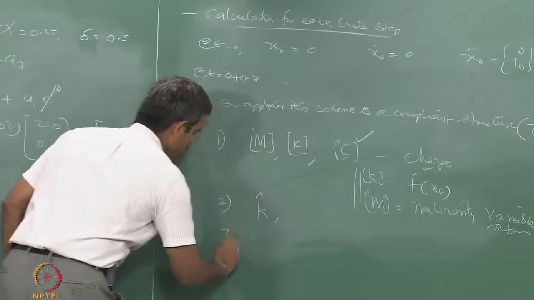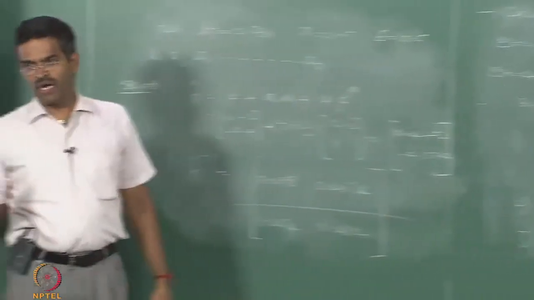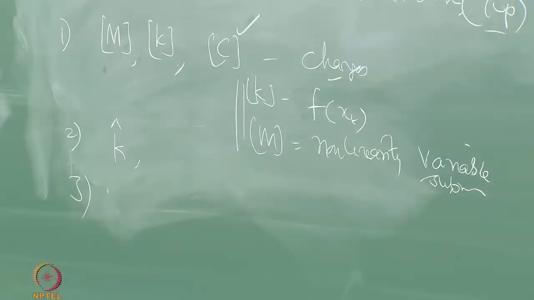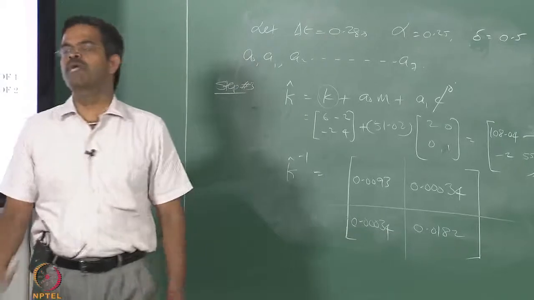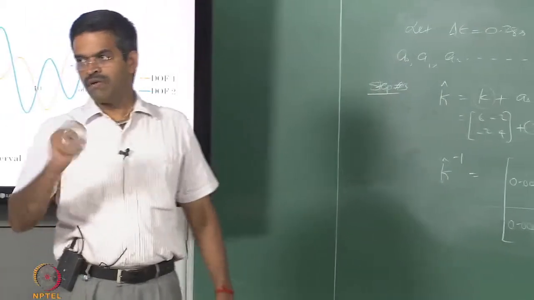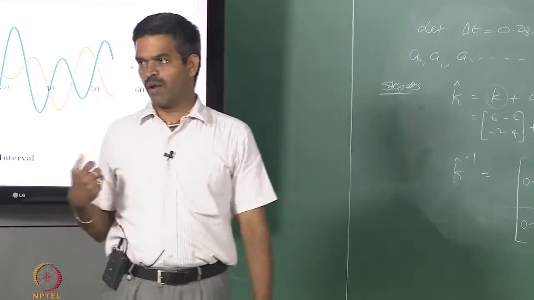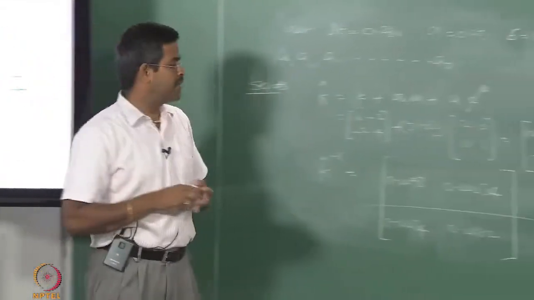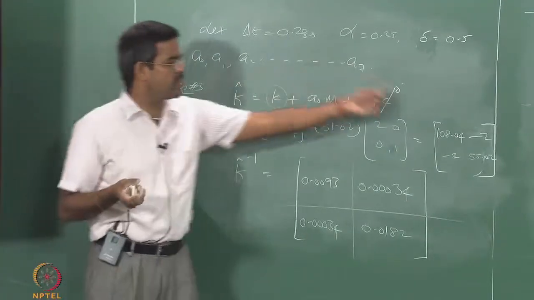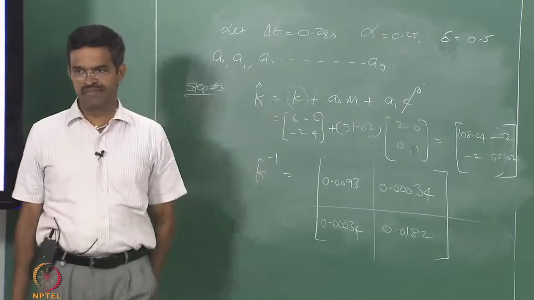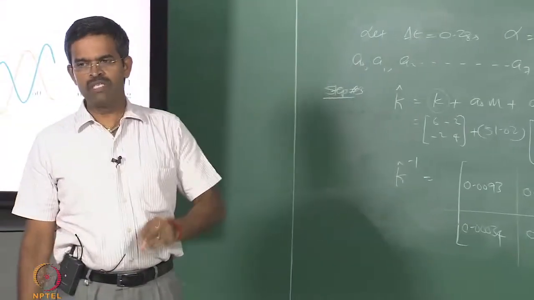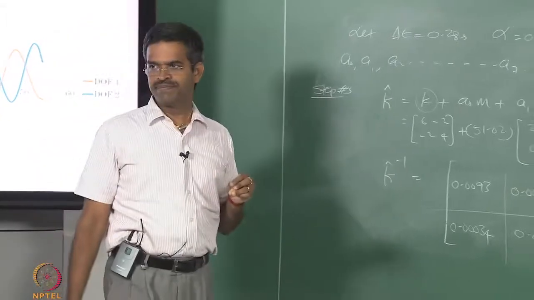Now a more serious issue is this: by any chance if your integration scheme is not proper in your analytical programming, inverse of k hat will fail. You will not be able to get the answer. It shows divided by 0, it will exit out of the program, because you have made some mistake in your algorithm and k hat inverse does not exist. The scheme will stop, you will not be able to get the answer.